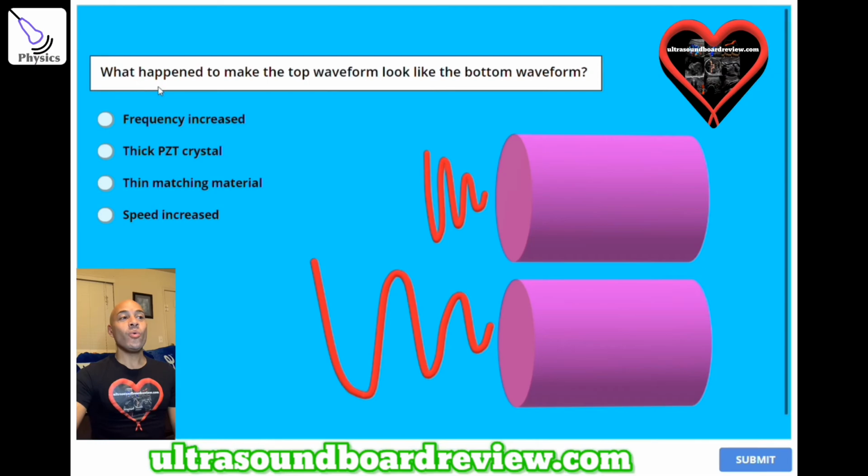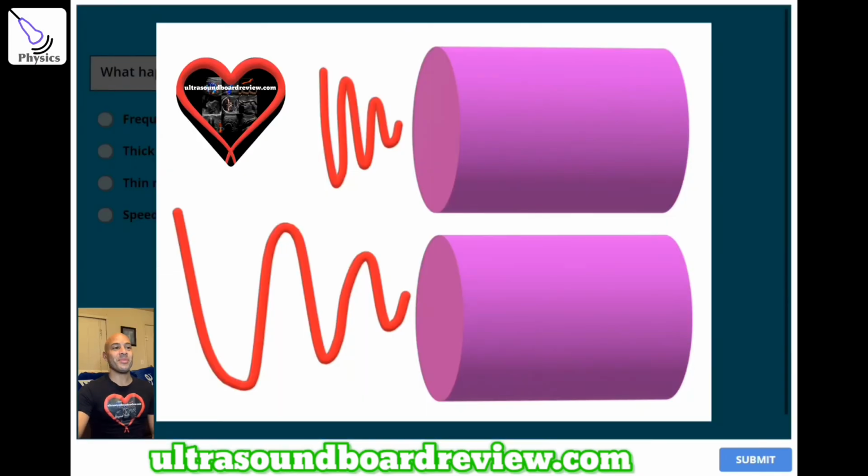Question 15. What happened to make the top waveform look like the bottom waveform? A. Frequency increased, B. Thick PZT crystal, C. Thin matching material, or D. Speed increased? So what happened to make this waveform look like this waveform?